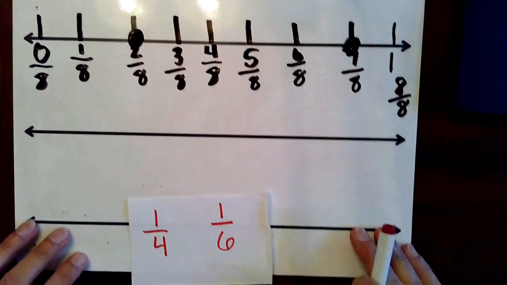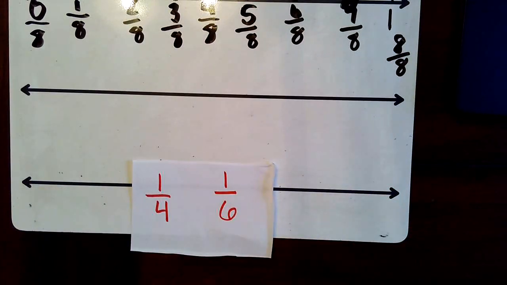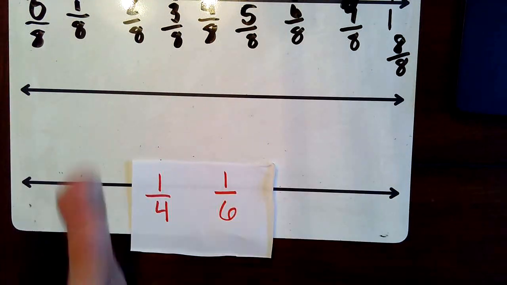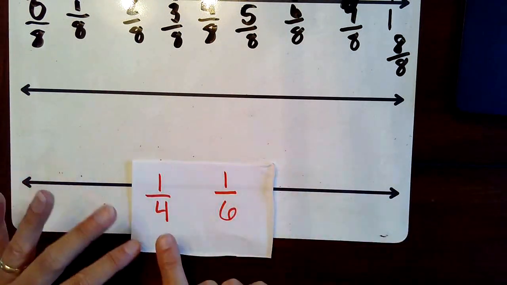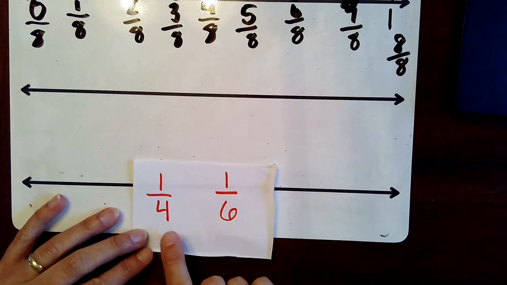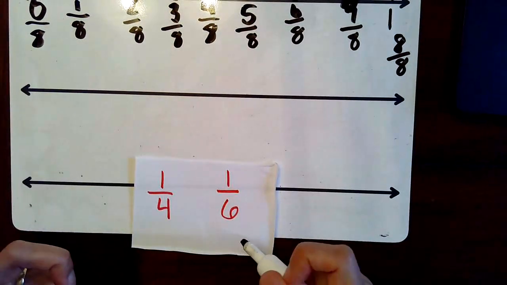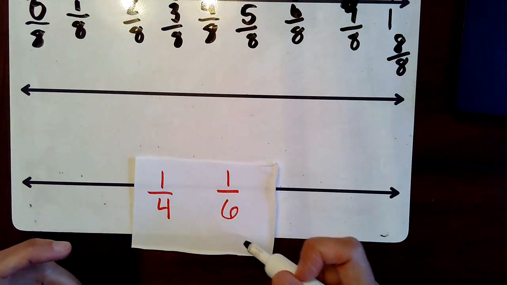The next one we're going to look at is 1/4 and 1/6. Notice the numerator is the same. We have one piece or one length of each fraction, and we have different denominators, a 1/4 and a 1/6. Now remember, the larger the denominator, the smaller the fraction.